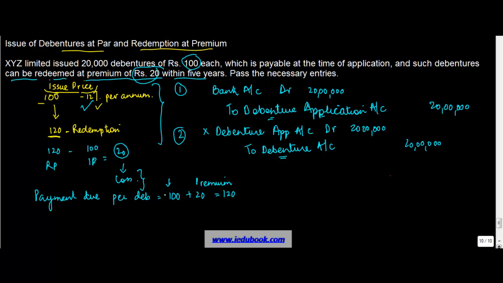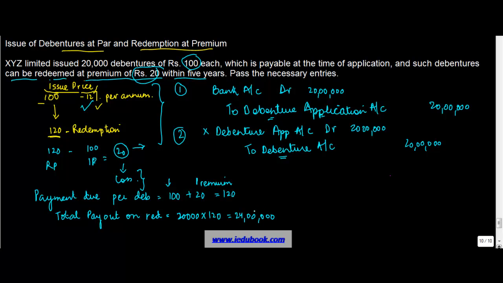So I need to pay this excess premium of 20. So 120 into 20,000. So total payout on redemption is equal to 20,000 into 120, which is 24 lakh.